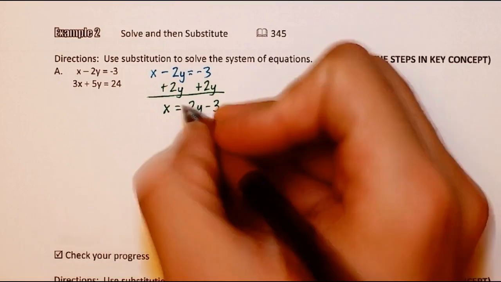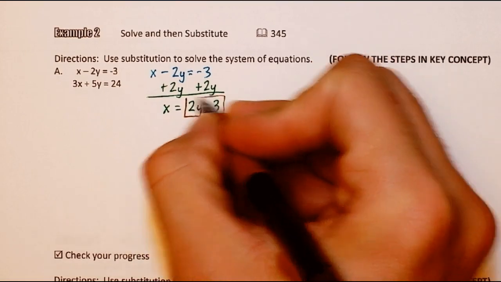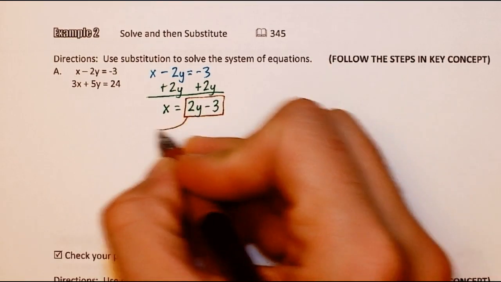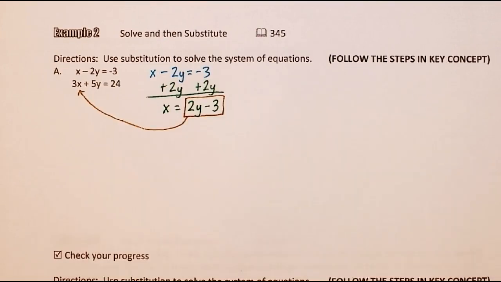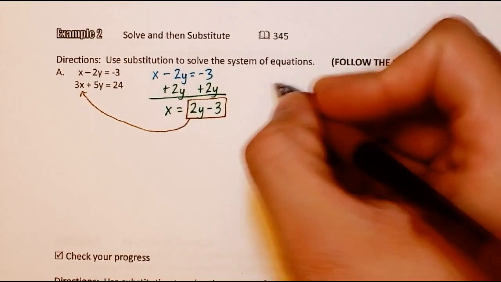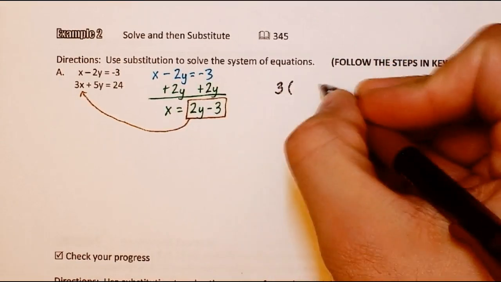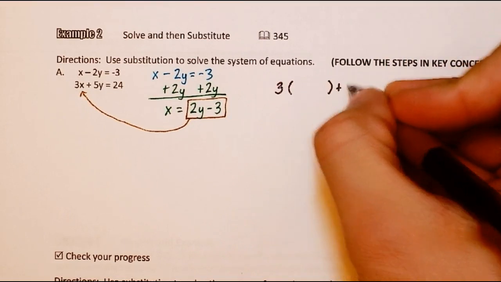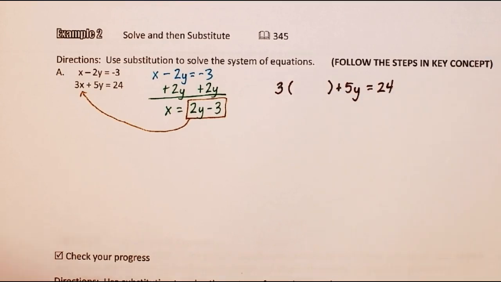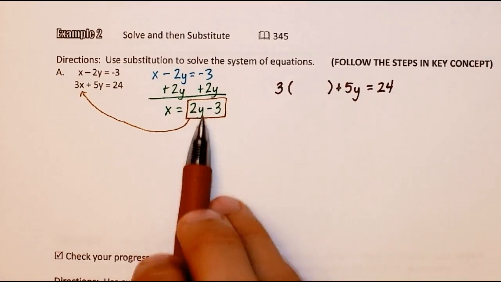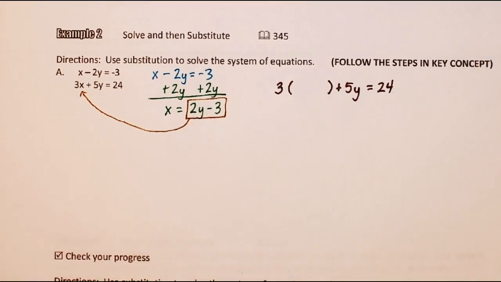So I'm going to substitute in 2y minus 3 for x in the second equation. Okay, so when I do that, I have 3 times x plus 5y equals 24. But in place of x, I am putting this 2y minus 3.